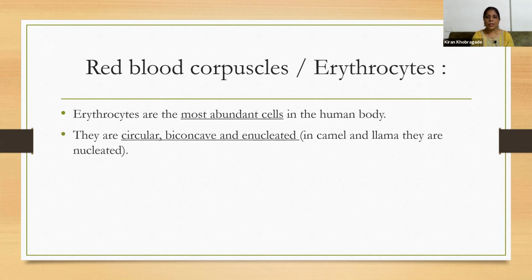In them, as you go to higher altitude, the oxygen level is very low, so they have more RBCs. That is why in camel and llama, they are nucleated. Whereas the shape is circular, biconcave, and enucleated, that means absence of nucleus in RBC cells.